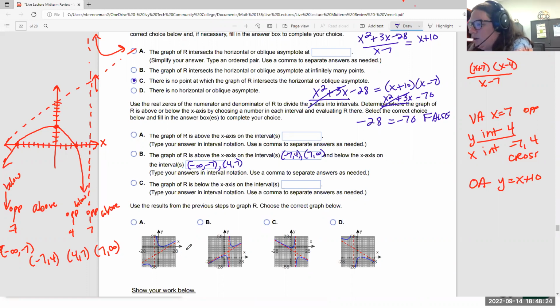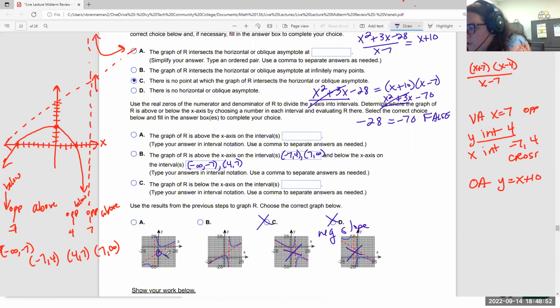So then choosing the correct graph, I'm looking for an oblique asymptote, which these all have. The oblique asymptote needs to have a positive slope. There was positive x, so that eliminates these two. And then it needs to have a positive, it was x plus 10, so it's crossing the x-axis at a positive point.